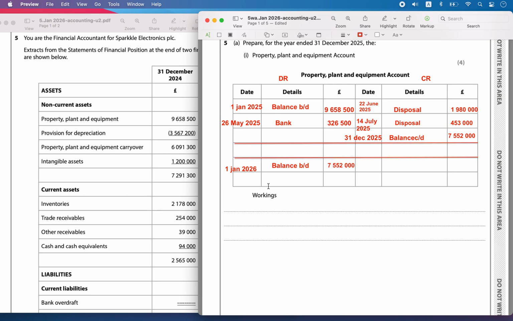Now let's add up the totals. 9,658,500 plus 326,500 is equal to 9,985,000.